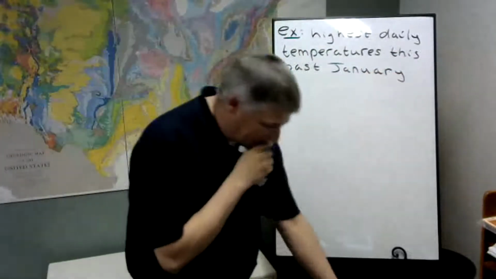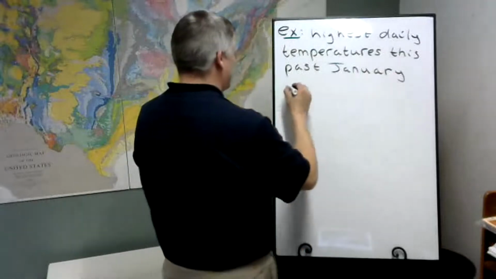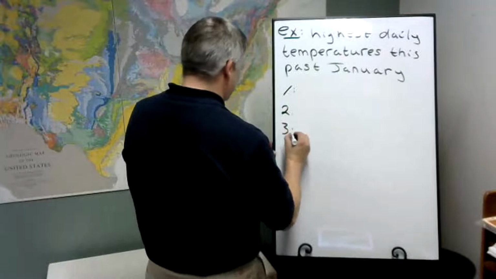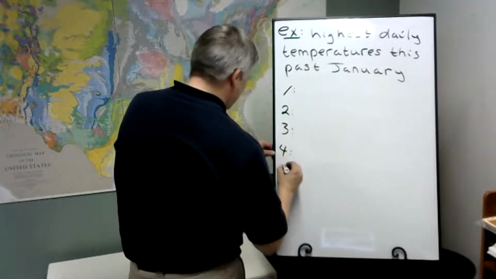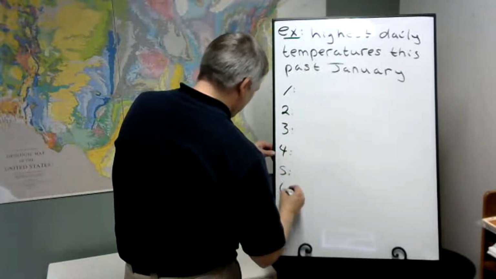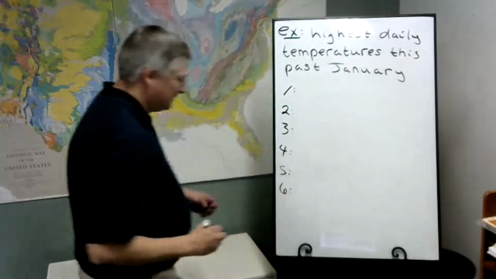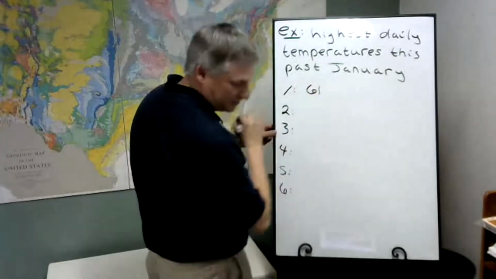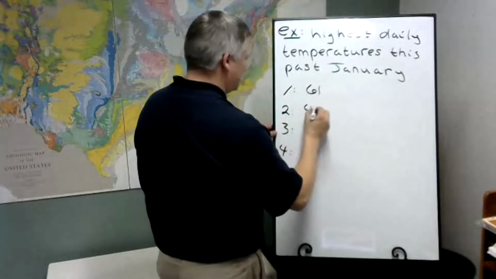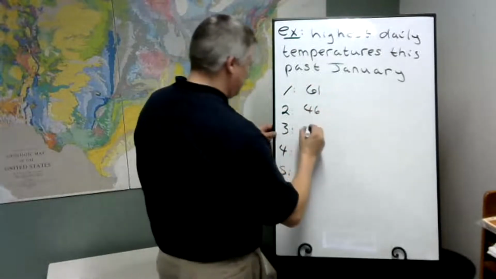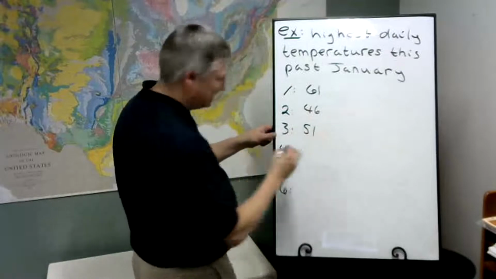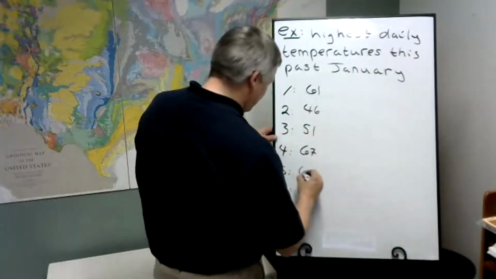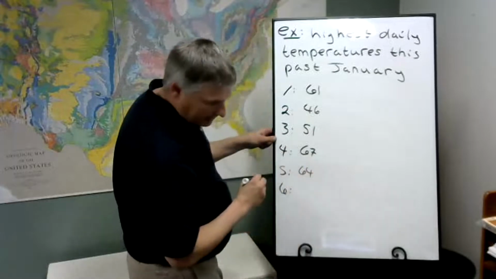So let's take a look. So January 1, I'll list the days here. So for the first 6 days, 61 degrees, 46 degrees, 51, 67, 64, and 42.